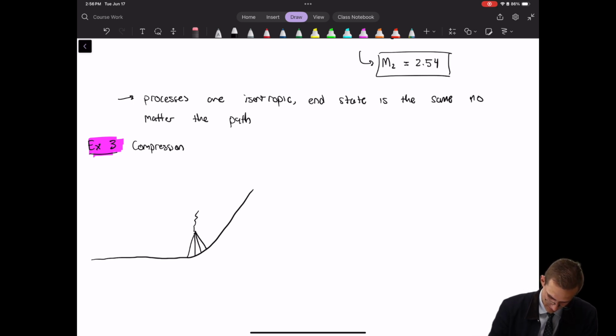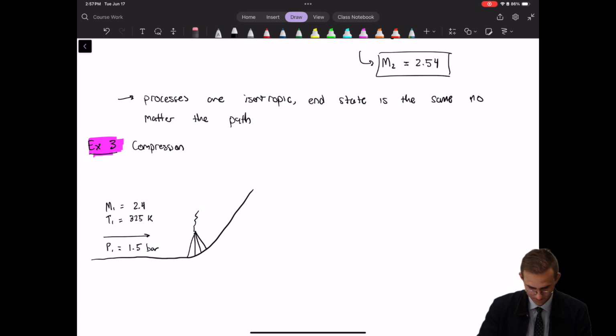Let's say we have M1 equal to 2.4. We have that the initial static temperature is 325 Kelvin, and the initial static pressure is 1.5 bar. The question becomes, what are the downstream conditions?